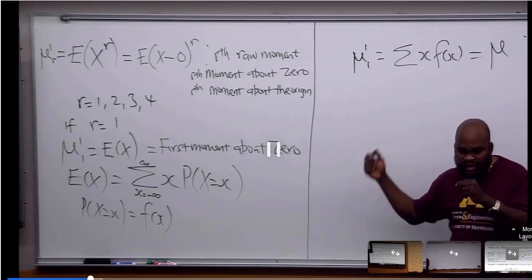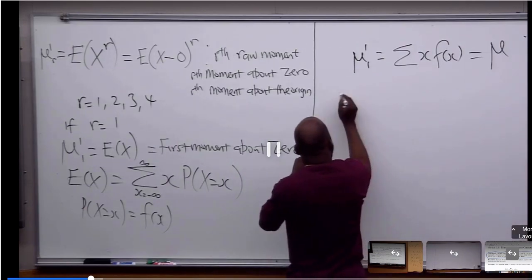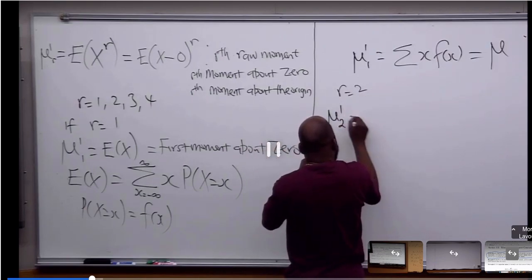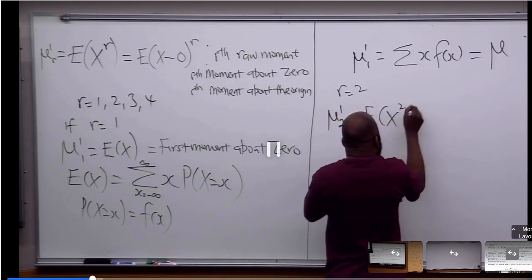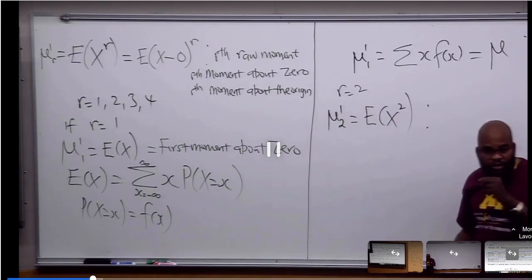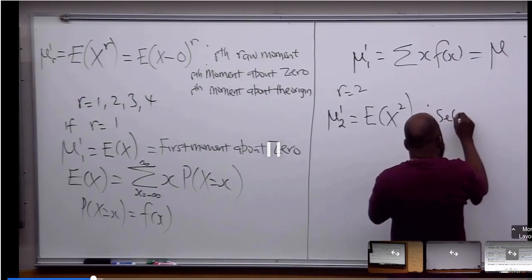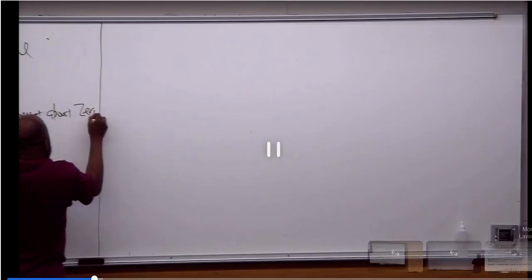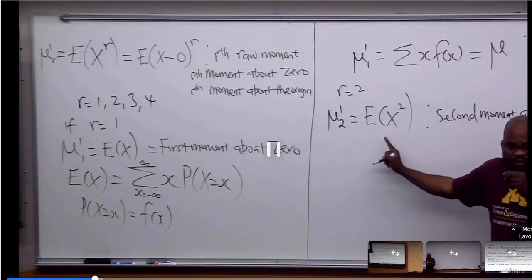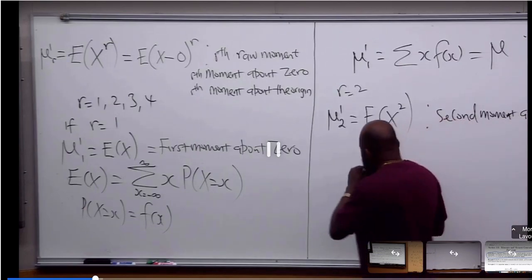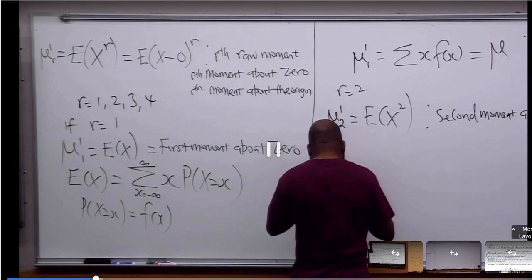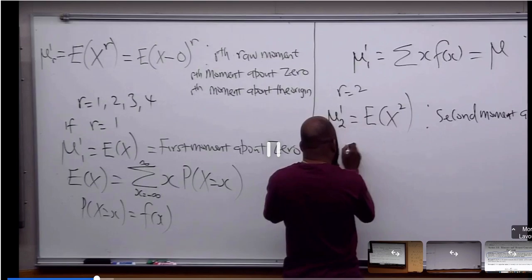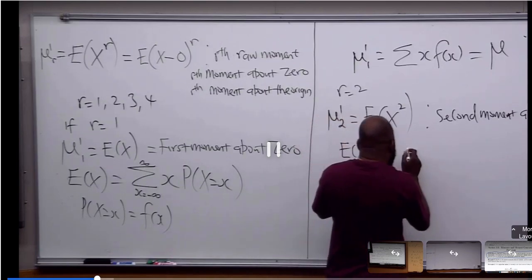Now, if r equals 2, I'm going to have this. What do we call this? This is the second moment about zero. You remember we've been working on this expected value of X squared. If X is a discrete random variable, this is going to be the summation of x squared times f of x.